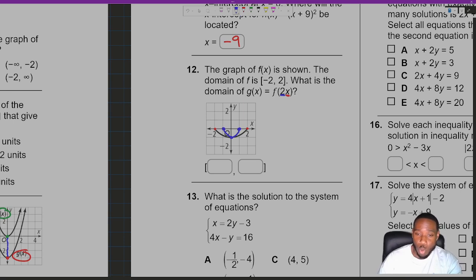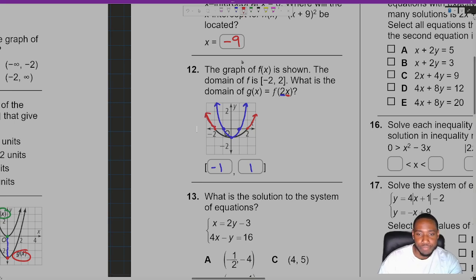So the graph moves quicker over time. And so while the original, the parent function, has the domain of -2 to 2, ours is going to have a domain that's closer to -1 to 1. And if it continued, you would see that it has a more narrow trajectory compared to the one they gave us, which is going to be traveling a little more slowly out from the vertex over time.